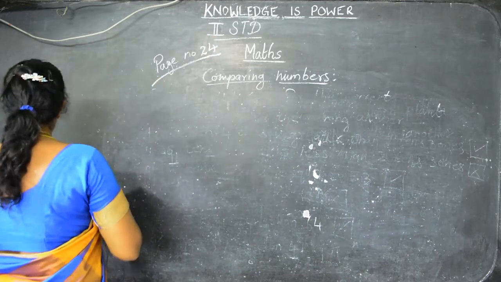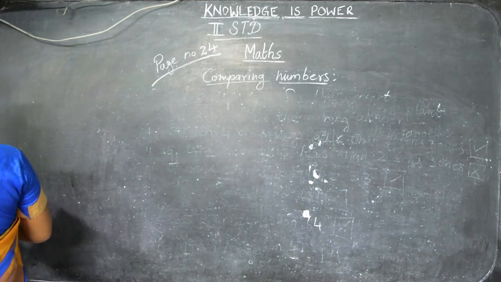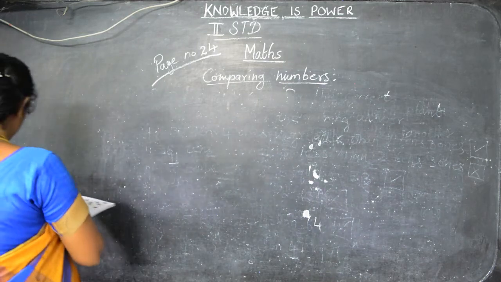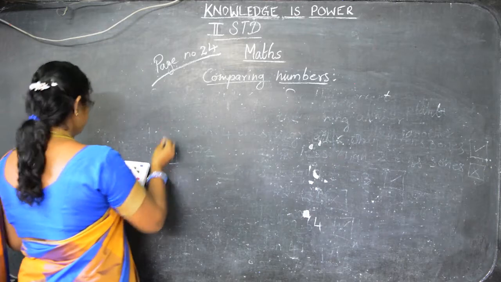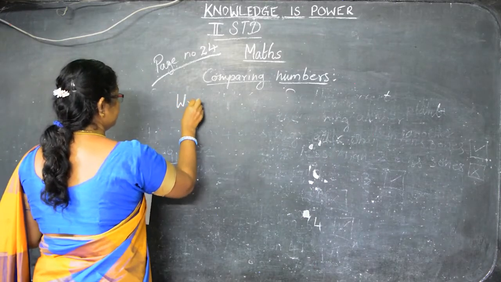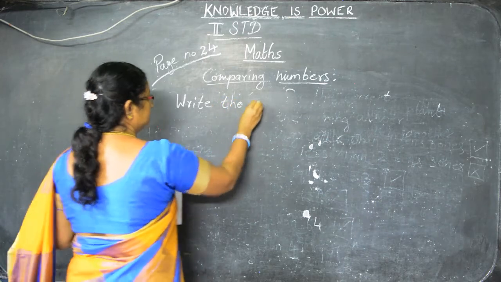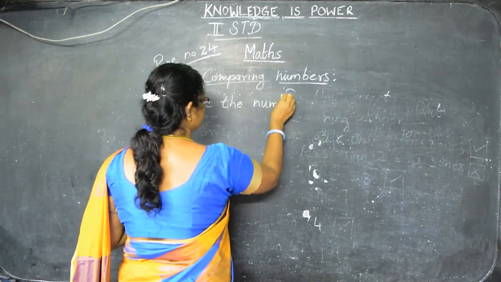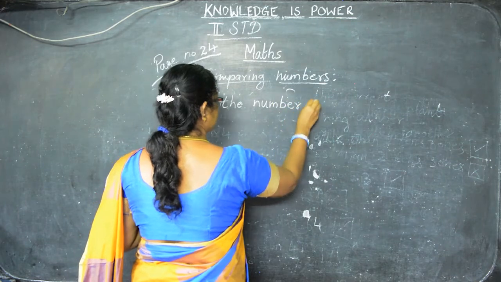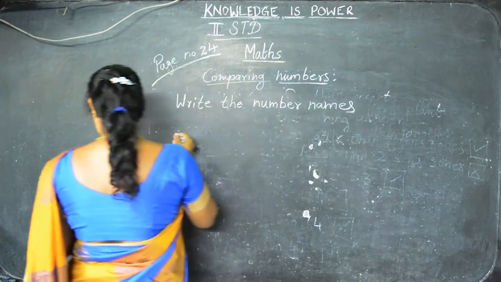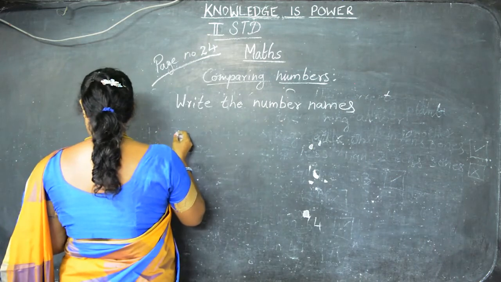See here. Write the number names against the numbers and complete the table.